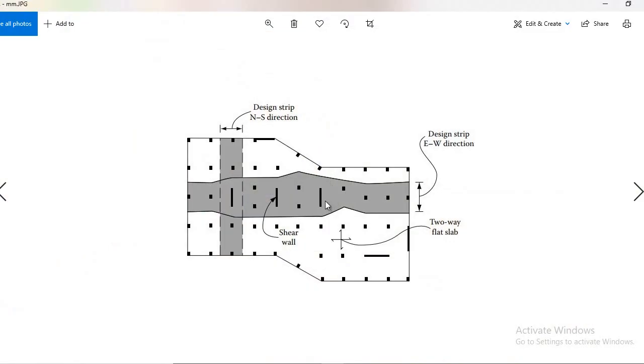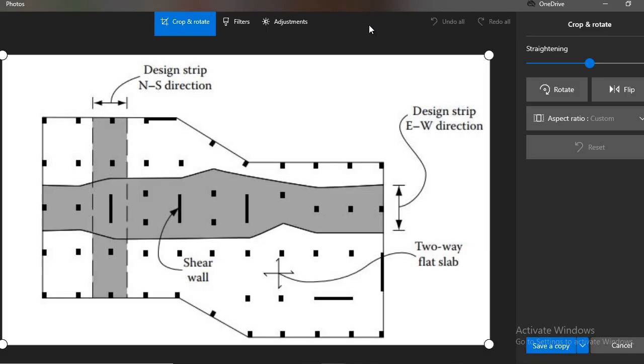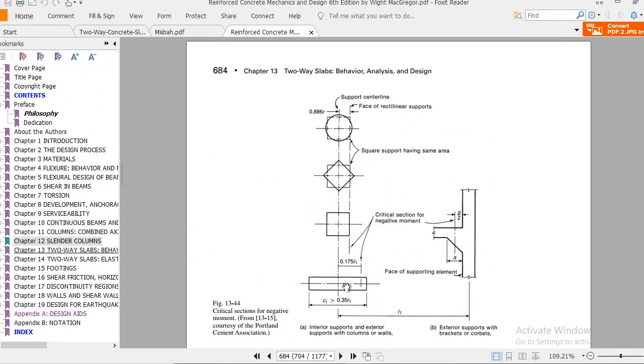You see here we have a shear wall, and in this shear wall you have to calculate the face moment. This is the center line which is passing. Up to how much distance do you have to consider the face of this shear wall? It explains here that from the center you have to consider the face up to a distance of 0.175 L1. This is a very, very important step. Now this is the face of the shear wall where you have to calculate your face moment.